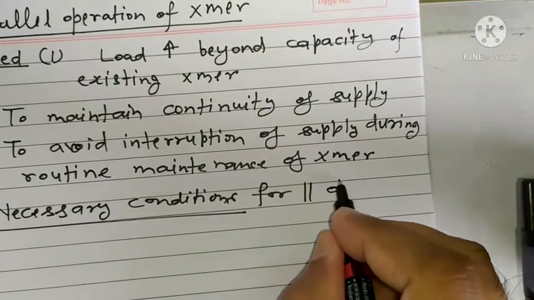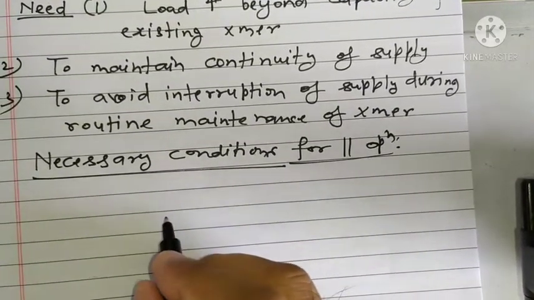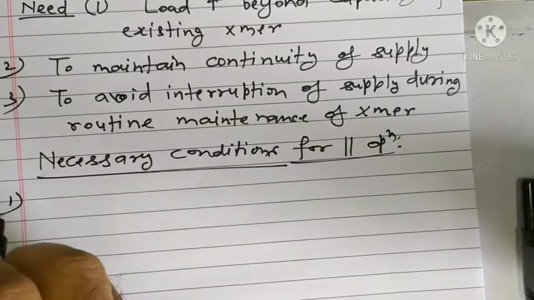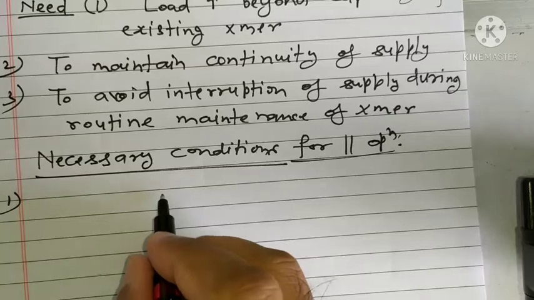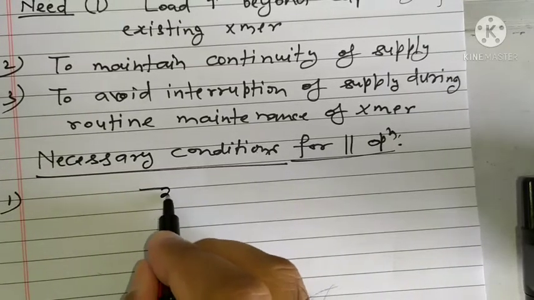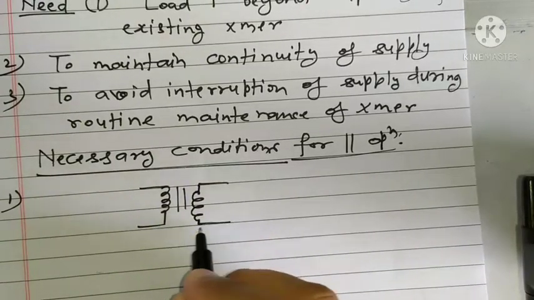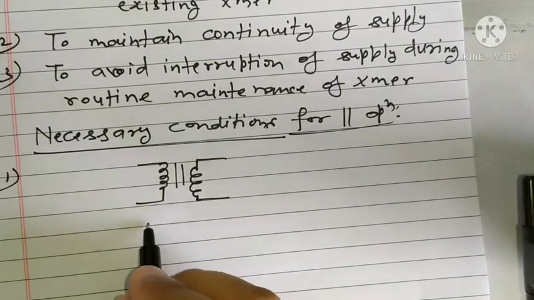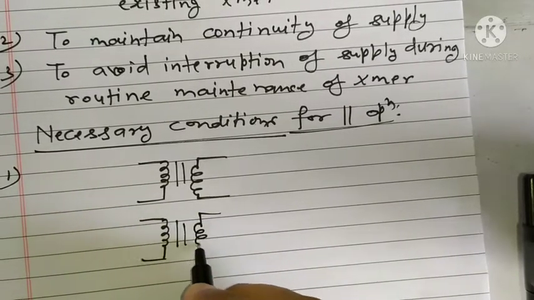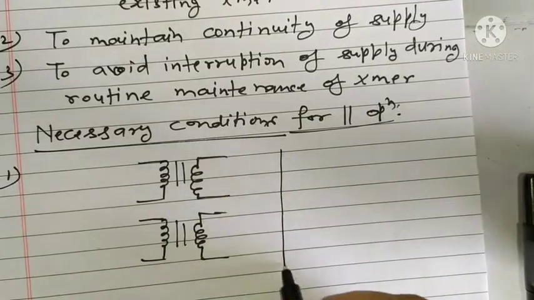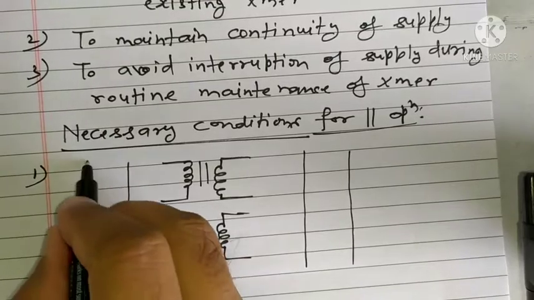Say we have two transformers, transformer A and transformer B, and this is the load bus bar.